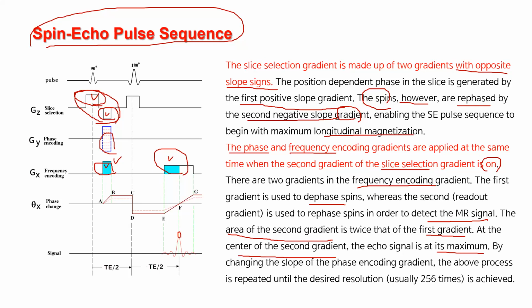By changing the slope of the phase encoding gradients, the above process is repeated until the desired resolution is achieved. So you can change the slope of the phase encoding gradient several times, 256 times. Repeat the same procedure.